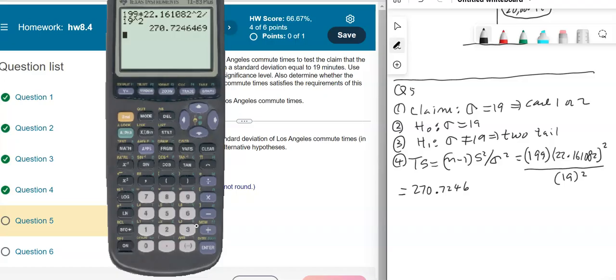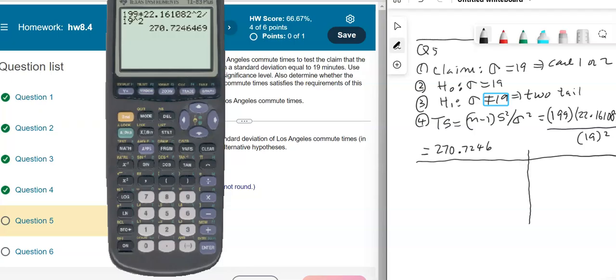Now, traditional and p-value, okay? So for the traditional method, it looks like this.